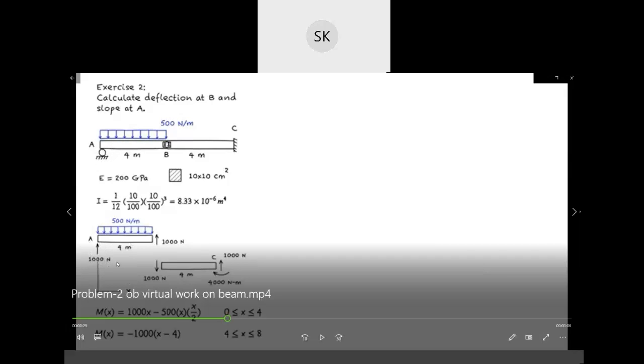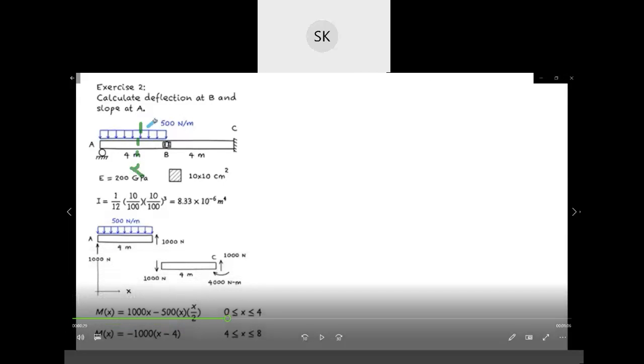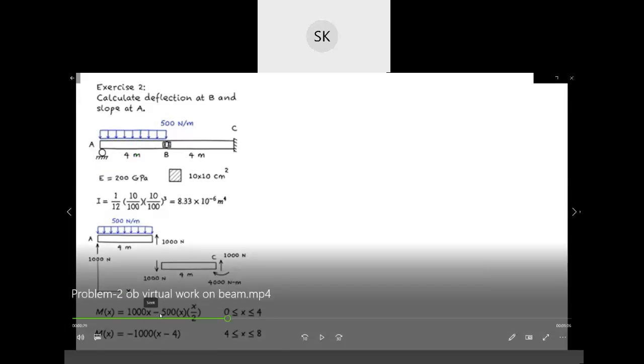So this reaction 1000 into the distance, if I take a section at a distance of x meter, what will be my shear force? 1000 into x minus 500 into x, and for the moment the distance will be x by 2. So this is my moment equation from 0 to 4.